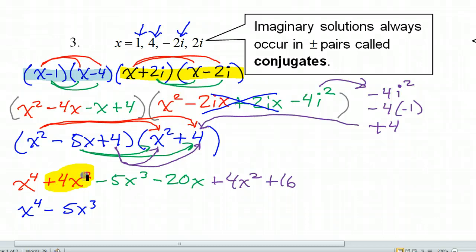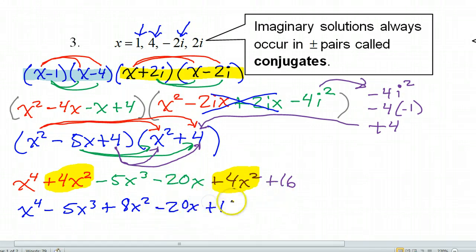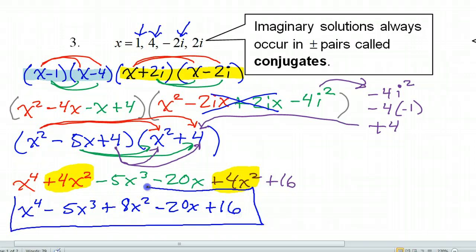I have my 4x squared and my other 4x squared. Together that's going to give me 8x squared. Then comes the minus 20x, and then the plus 16. Okay, that was a long polynomial. Bam. So that's what you have.